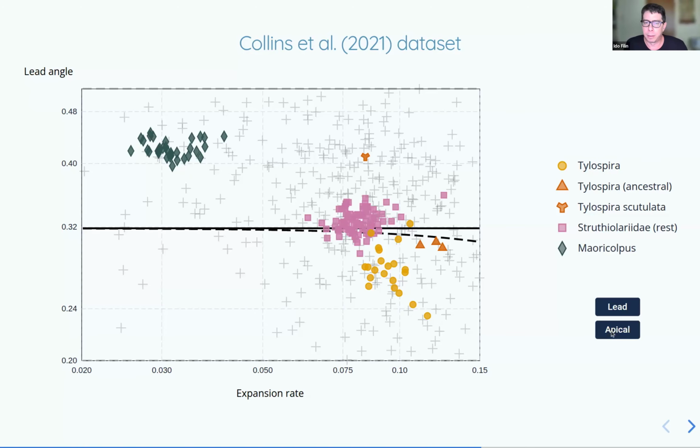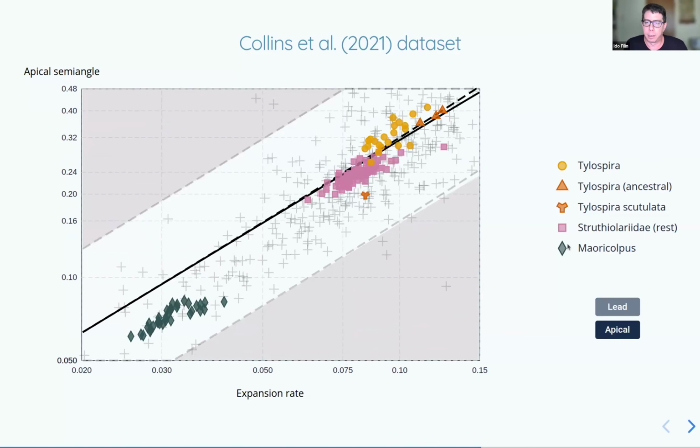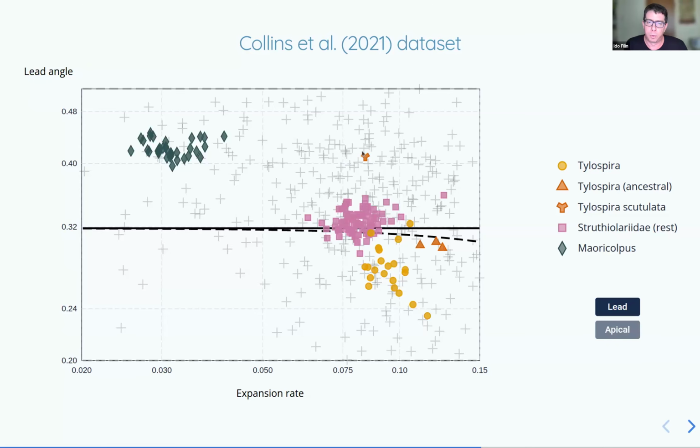And we can better now understand what happens in the scutulata case, which has more or less the same expansion rate as the rest of the Tulospira, but has jumped up in lead angle comparable to the much higher spired Maori corpus.